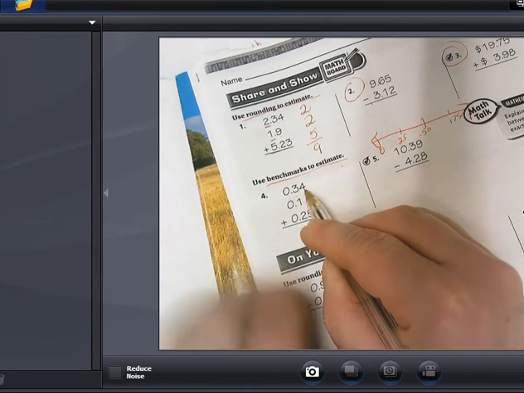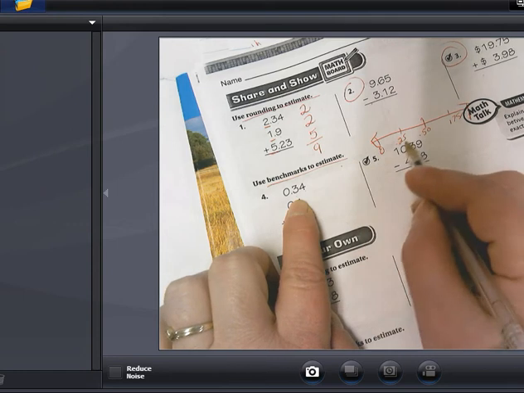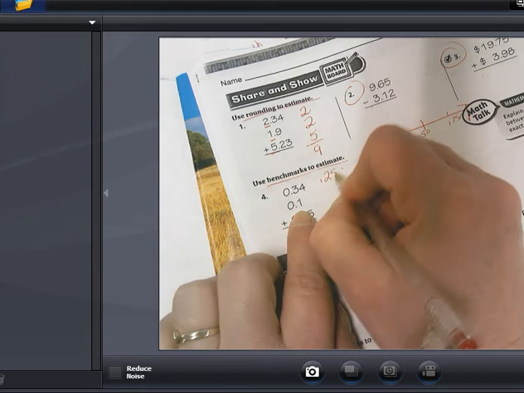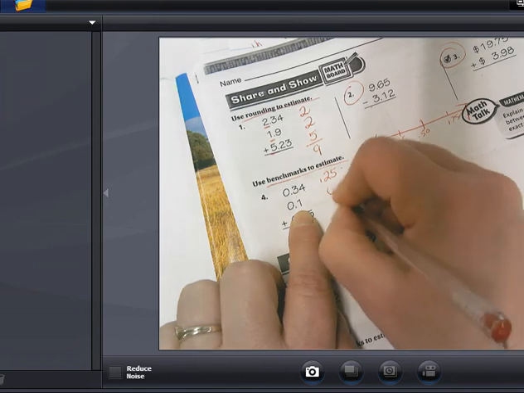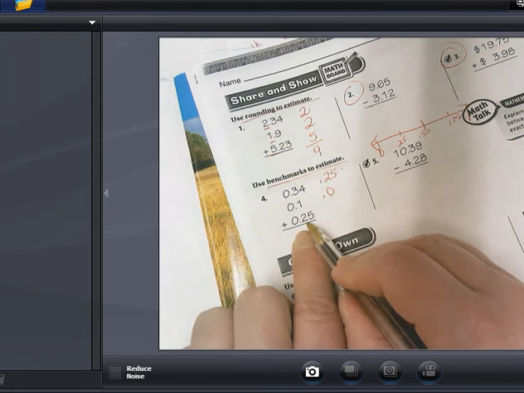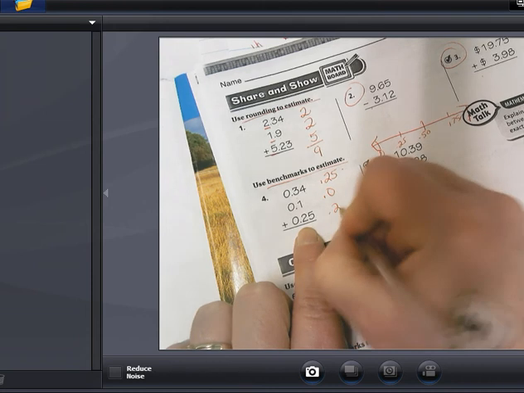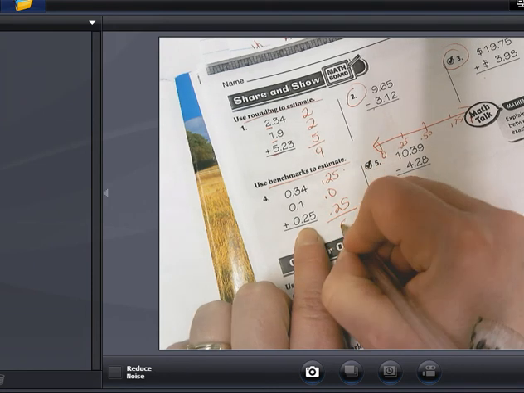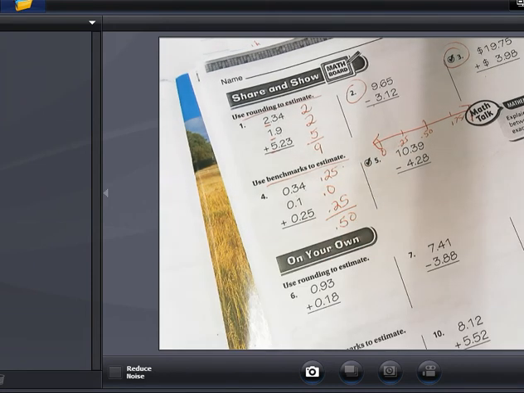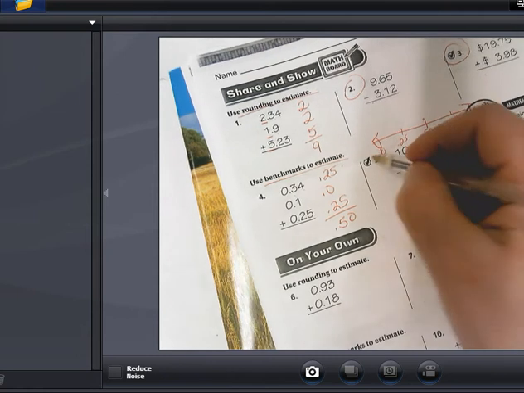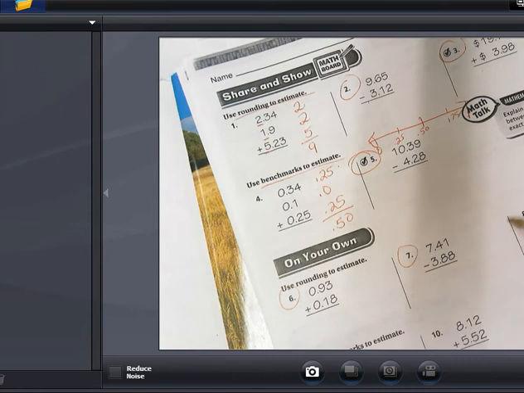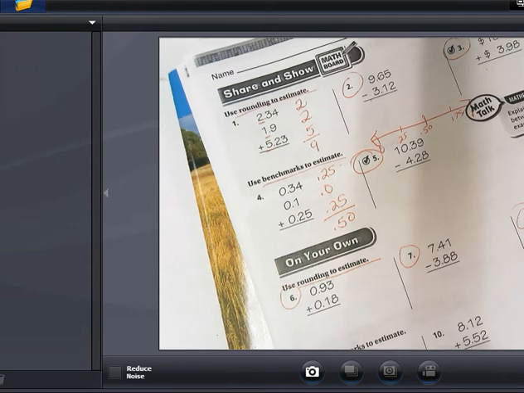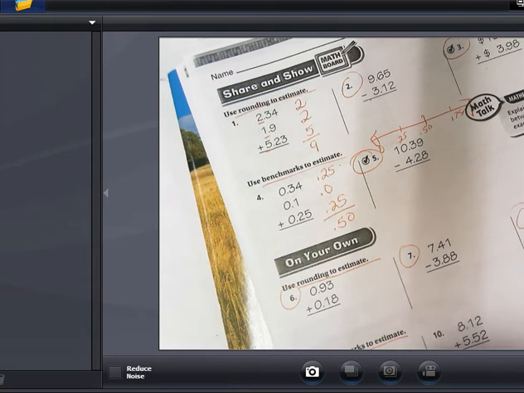So 34 hundredths is closer to 25 hundredths. 1/10 is closer to 0. And 25 hundredths is right at 25 hundredths. If I look at this, I know it's 50 hundredths. So I want you to do benchmark on this one. I would like you to do all of these because we're rounding to estimate. We're benchmarking these.